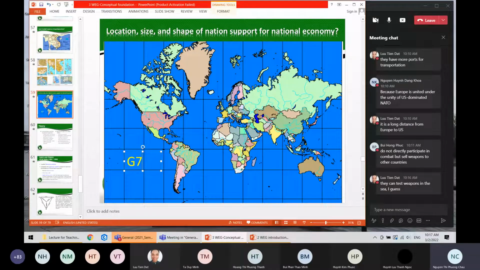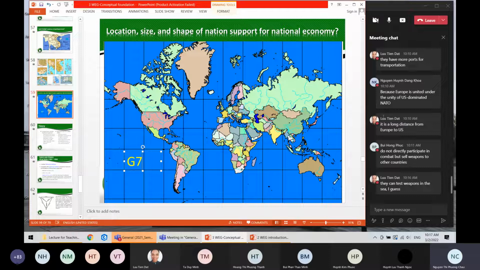Countries like those in Western Europe can create a new weapon, but they have no place for testing. Because if they test near the border, it may destroy the area of the nation as well as their neighbor. But the United States has two sides of sea border and is far distant.